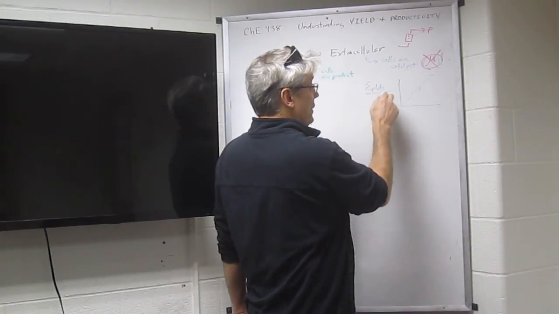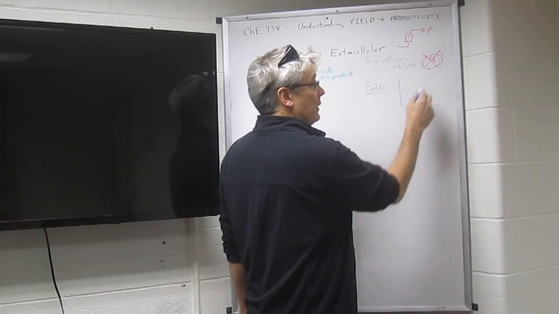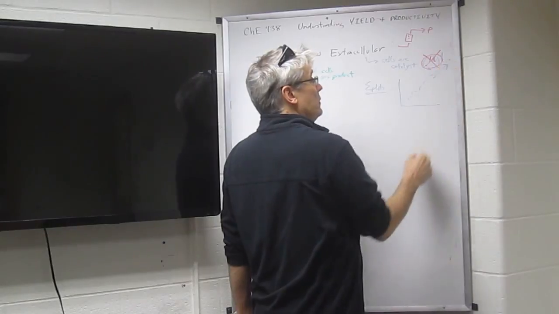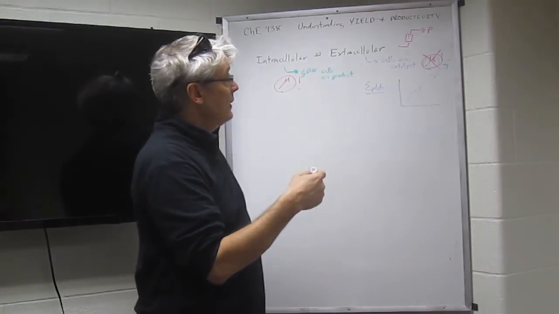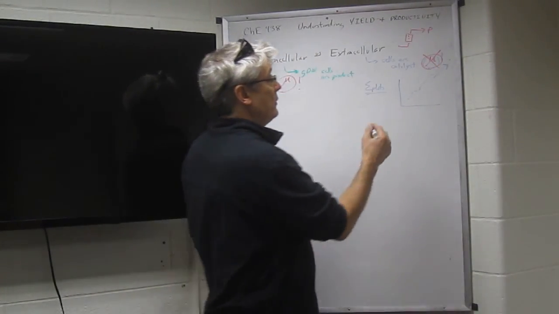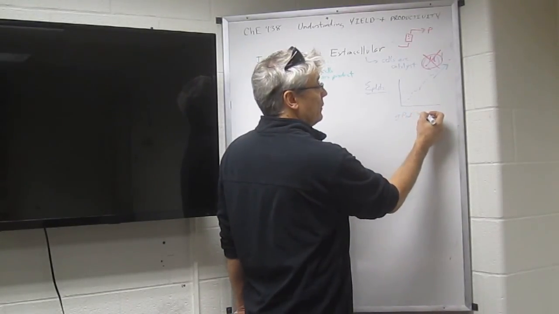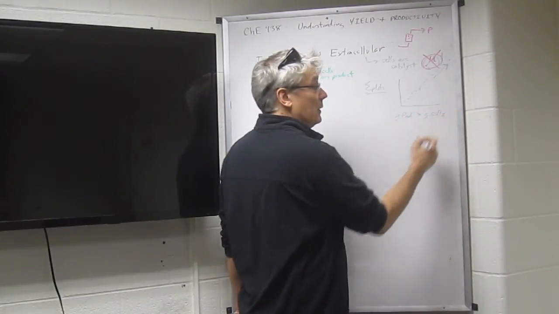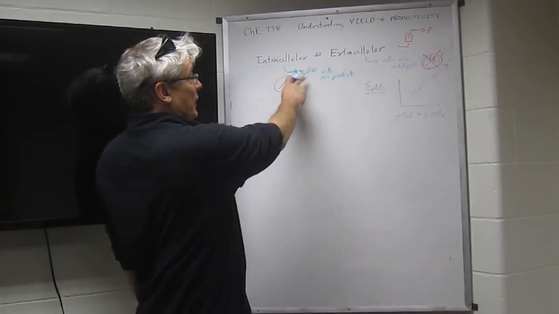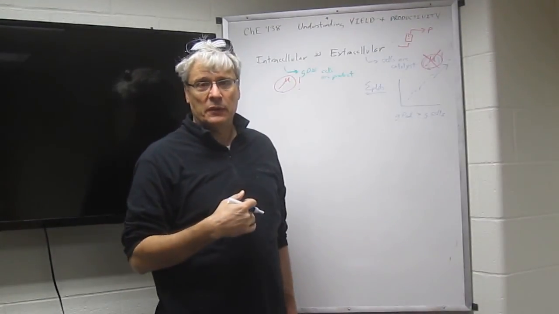In theory, if you have an extracellular product, there is no limit. You can continue to have a productivity where the grams of product is greater than the grams of the cells. Obviously, you can't have that in the case for the products inside the cells.